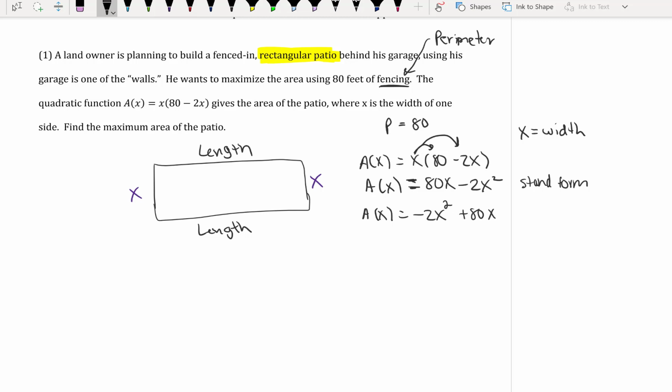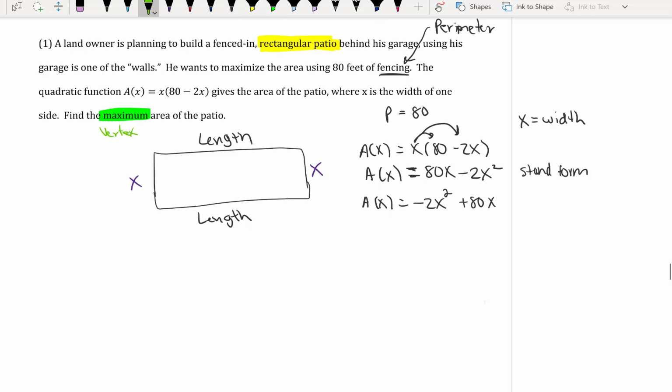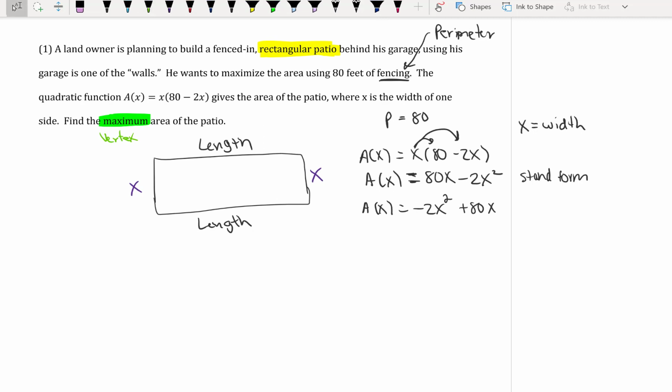Now that I'm here, if I am trying to maximize the area, well, that word maximize, you should be thinking about the word vertex. If you're thinking about the word vertex, then you know that you need your ordered pair h, comma, k. And remember that the h is found by negative b over 2 times a.